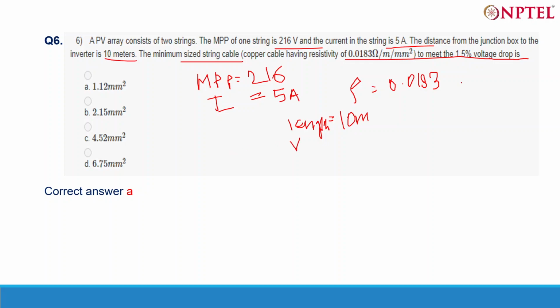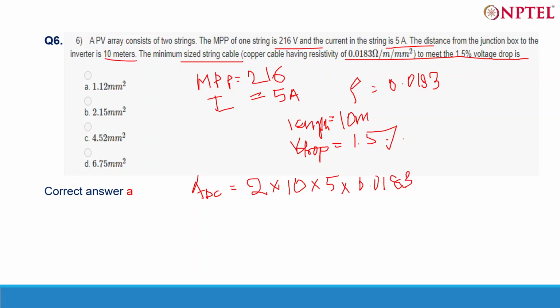And voltage drop should be given. Yeah, it's given equal to 1.5%. So minimum size of the cable, just apply the formula. Minimum size of the cable formula, you know na, 2 into length of cable 10 meter into IDC, that is 5, into resistivity 0.0183 divided by loss.